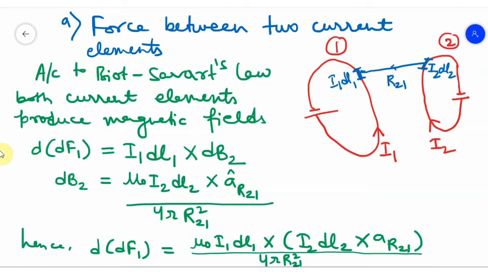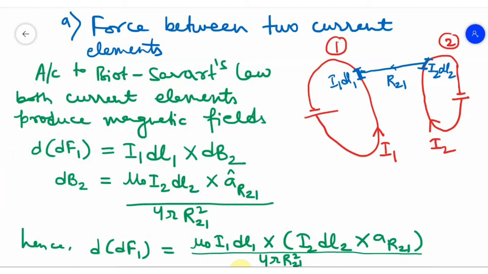Okay, so in this way we can represent the force on this differential element 1 due to the field produced by differential element 2. So this is the representation.